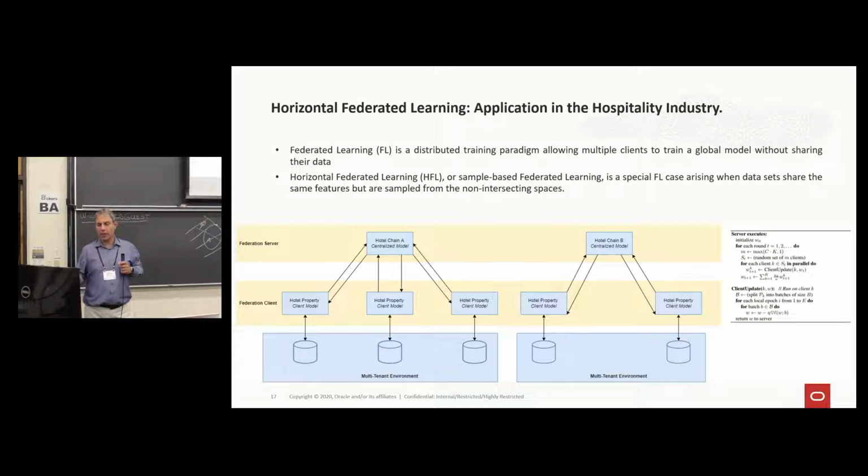So we have clients at the federation client level that build the hotel property client model, and then they bring them to the hotel chain's centralized model.